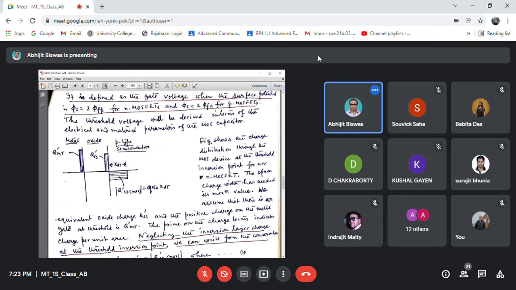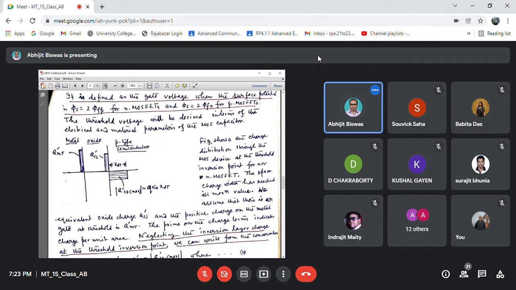And with acceptor concentration Na, multiply by Na, and you will get the total number of acceptor impurities. Here we say that all acceptors are ionized, therefore acceptor ions per unit area. And if you multiply by electronic charge Q, it will be equal to the total depletion charge per unit area.